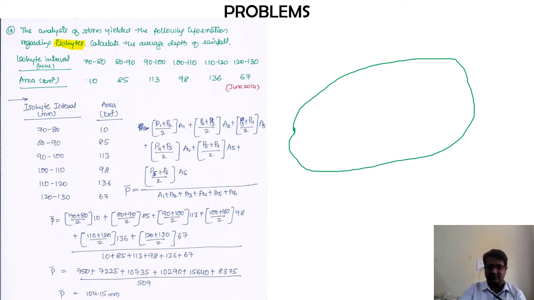If I try to convert this table shown in this problem into a representative form, it will be something like this. Initially I have 70 to 80 mm. Since they have given that it is from 70 to 80 mm, in the figure I am going to write that this 70 mm isohyet will pass exactly at the edge of this particular catchment area as I have drawn it now.